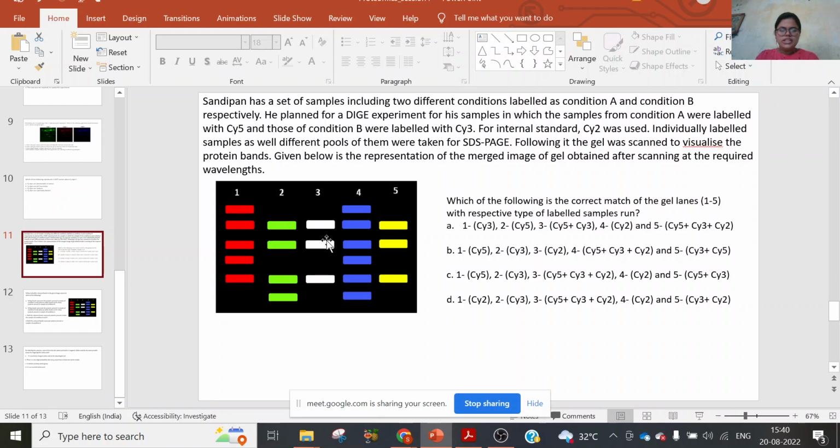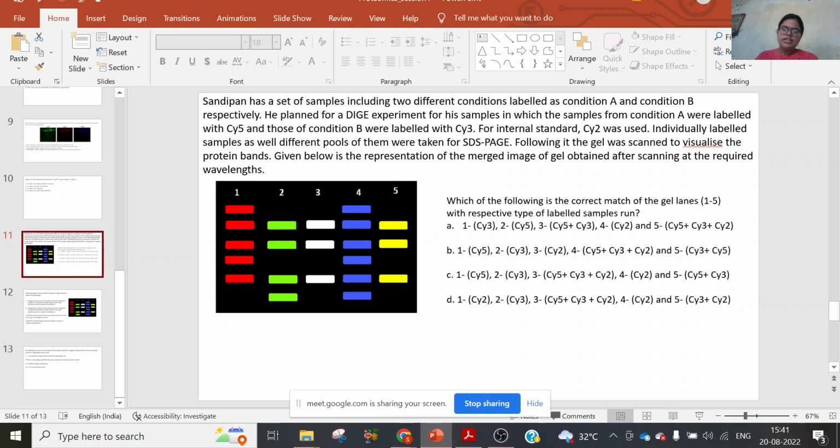So basically this image is of a sample at condition A, a sample at condition B, and he had also pooled the samples together, and the bands are also for that. So you have to identify, depending upon the image given, which of the following is the correct match of the gel lanes 1 to 5 with respective types of labeled sample runs.